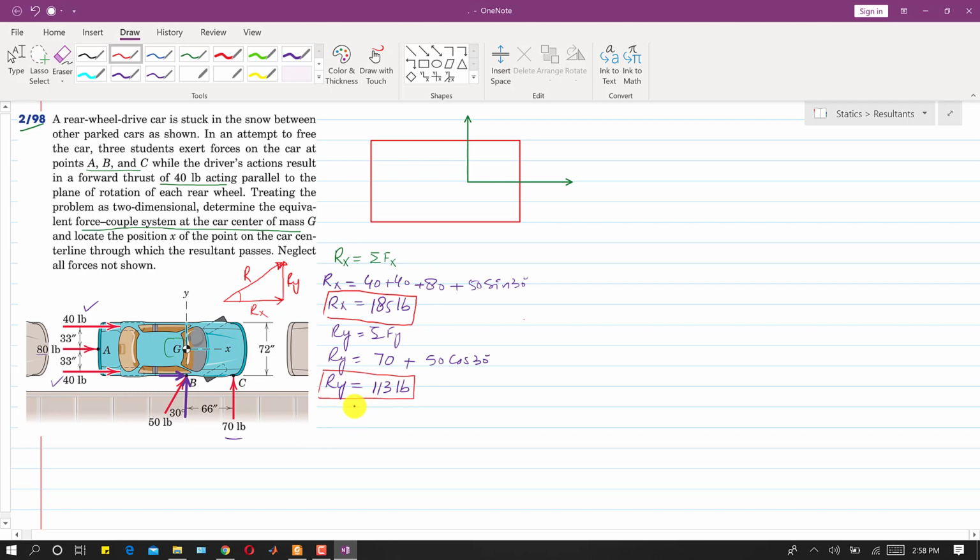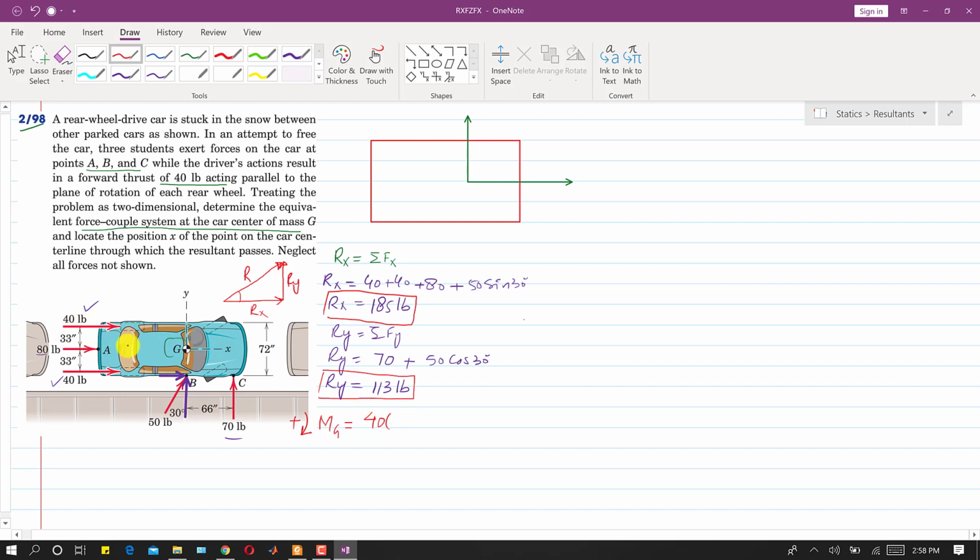And now if we want to find the moment about G, we will find the moment about G. Assume that the clockwise moment is positive, right? This 40 pounds is producing clockwise moment about this G, so I will write 40 into the perpendicular distance.